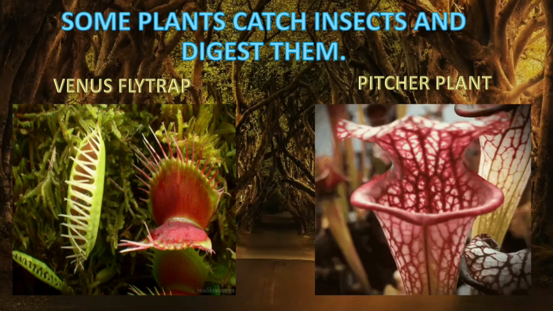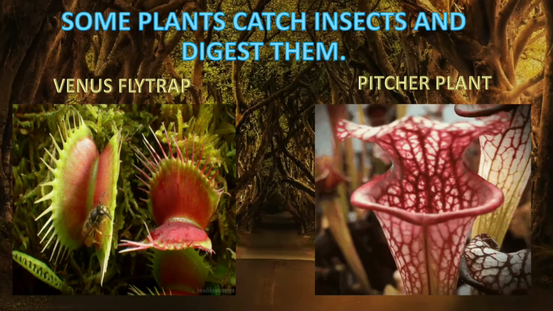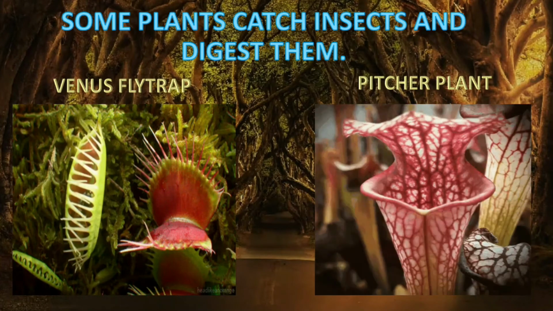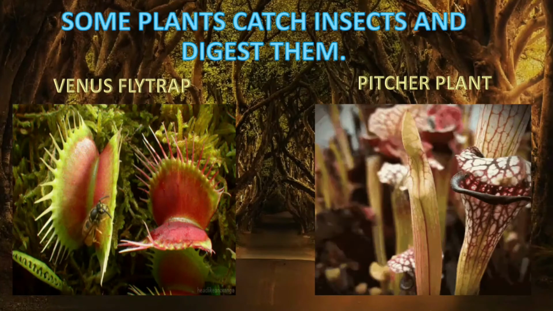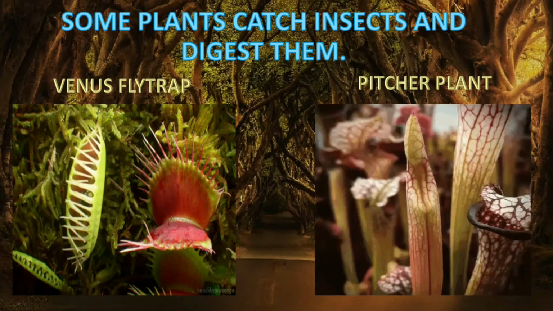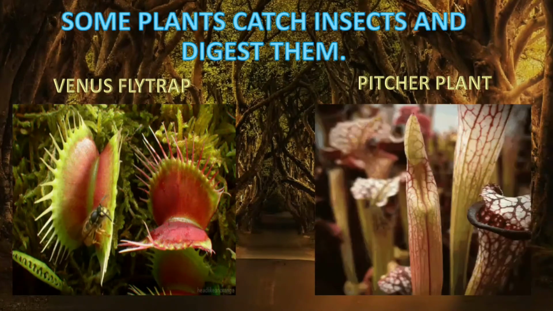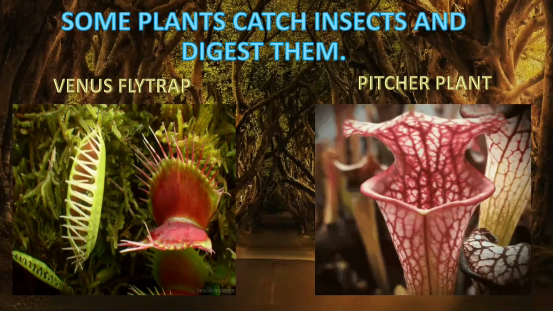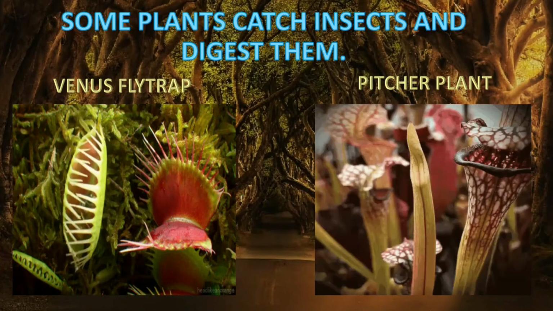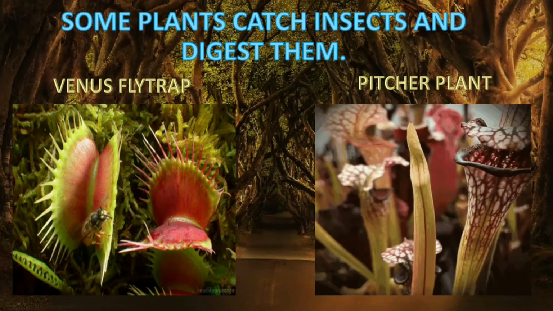They generate a jelly-like substance, and when insects fly and sit on the leaf, their legs get stuck in the jelly or gum-like substance. After that the leaf closes tightly, closes all its petals tightly, and digests the food. So these are the plants which eat insects. What are they? Venus flytrap and pitcher plant.